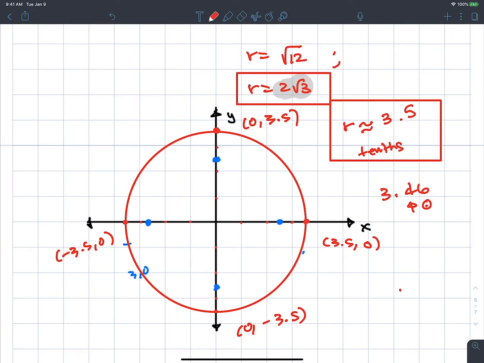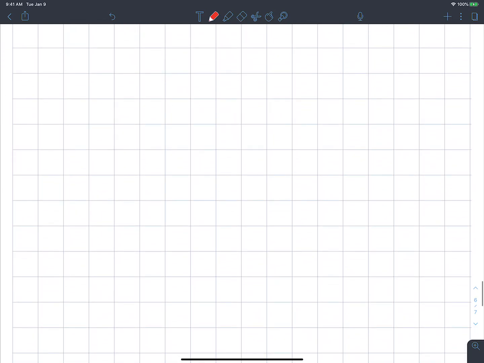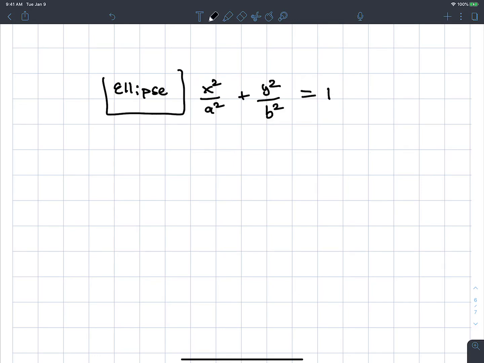Now, we're going to focus first here on these conic sections centered at the origin. And I'm going to tell you here, we have another conic section called an ellipse. And the equation of the ellipse is x squared over a squared plus y squared over b squared, and this equals 1.